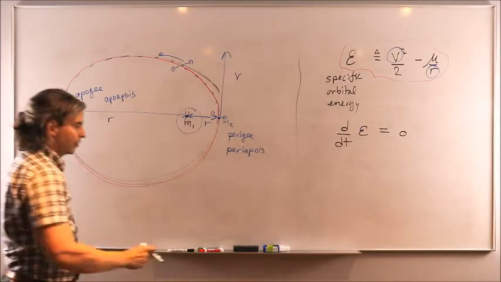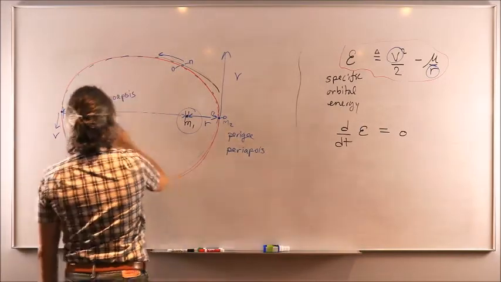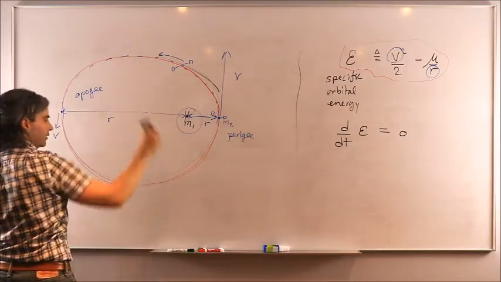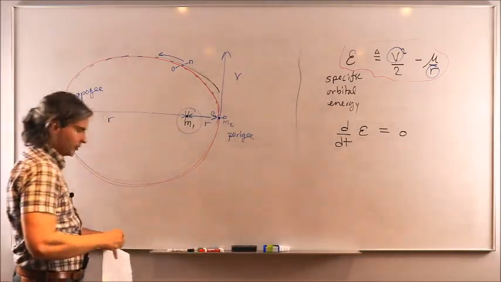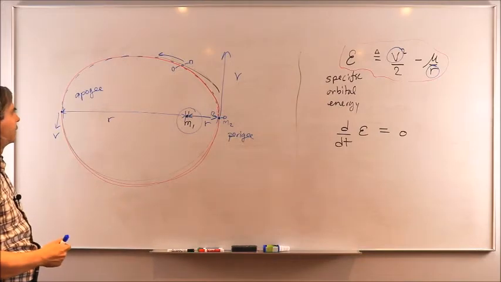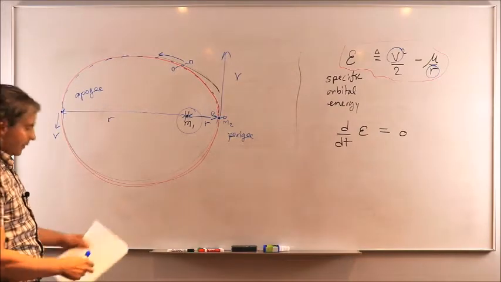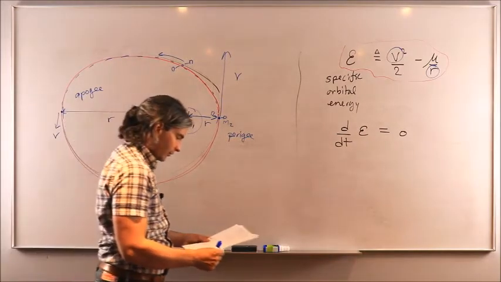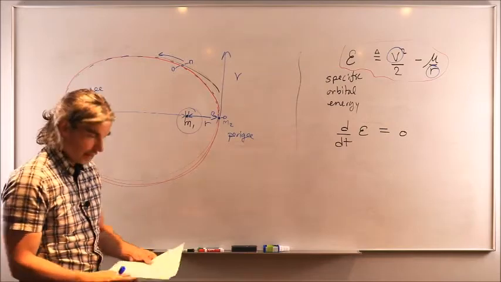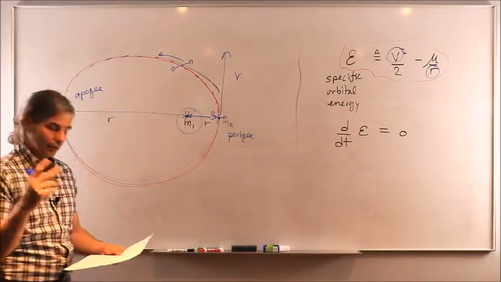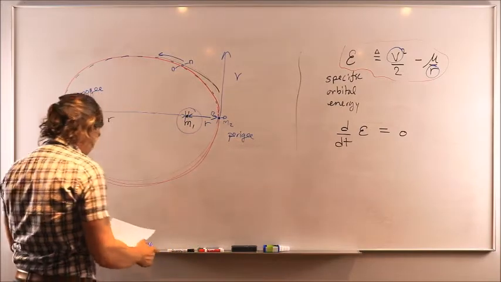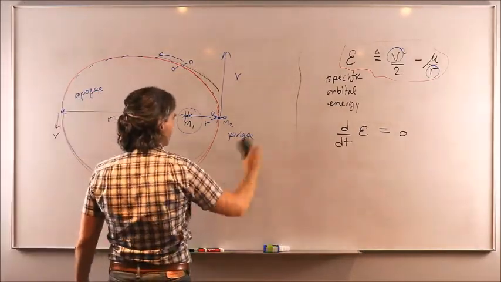But throughout this course, I'll only refer to those 2 specific points of the orbit as perigee and apogee, okay? Just because that's what I'm most comfortable with, regardless of the planet. All right, so this is for the conservation of a specific orbital energy. That was the second fundamental integral. Let's move on to the last one, which is the eccentricity vector integral.